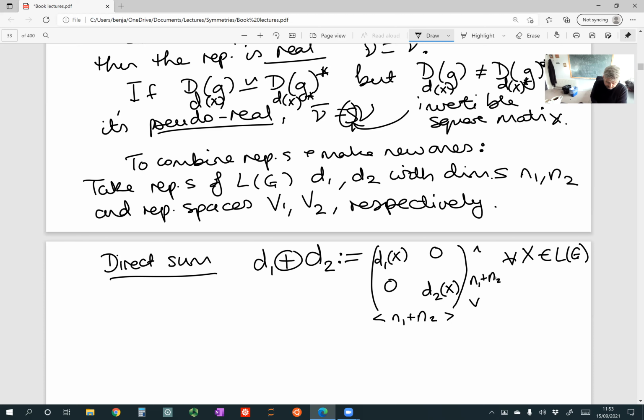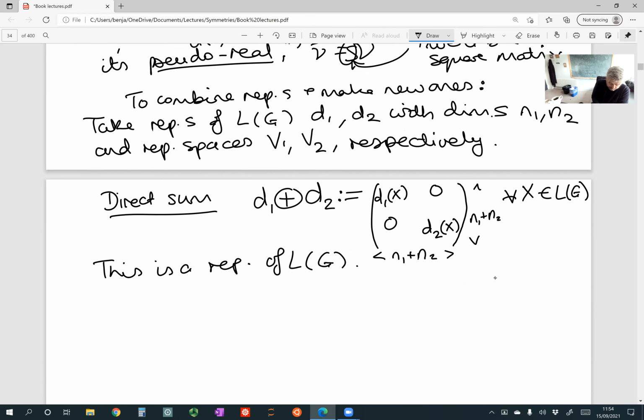There's an exercise in the book to take you through this. This is a representation of the Lie algebra itself. So this direct sum, you can prove, is a representation, and if you follow the exercise, you'll do that.